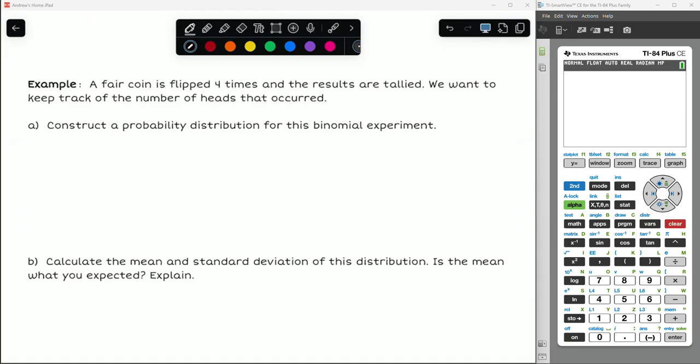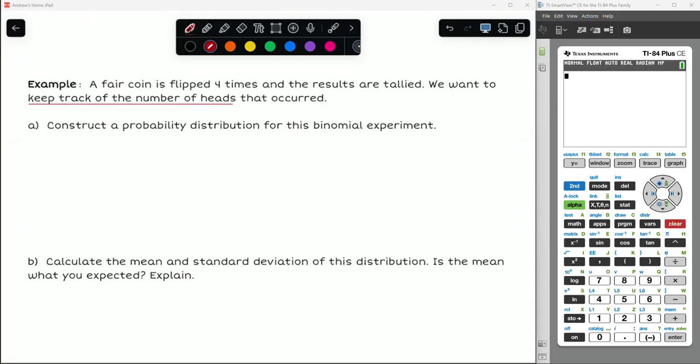So let's go ahead and work through the problem, and we'll actually do B before we do A, because I want you to see that we don't need the table in order to do these calculations. The first thing I notice in the problem is that we want to keep track of the number of heads. So that's our variable of interest.